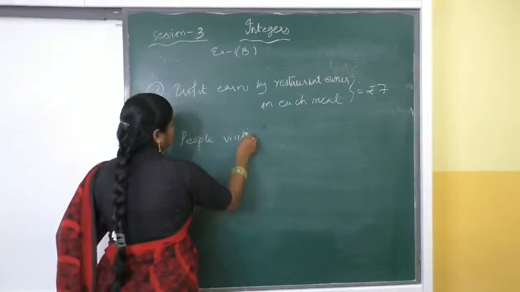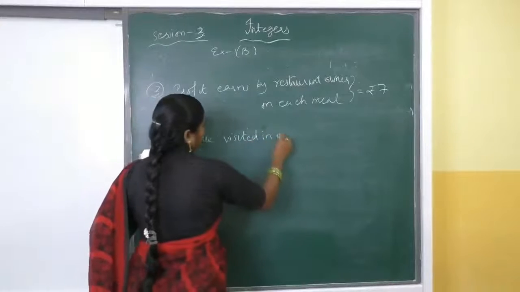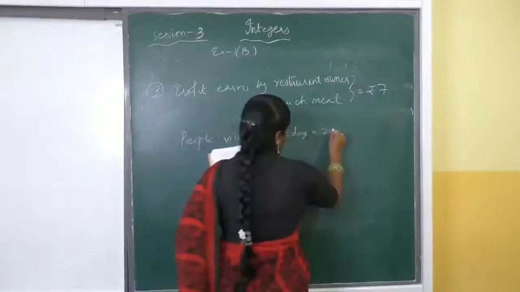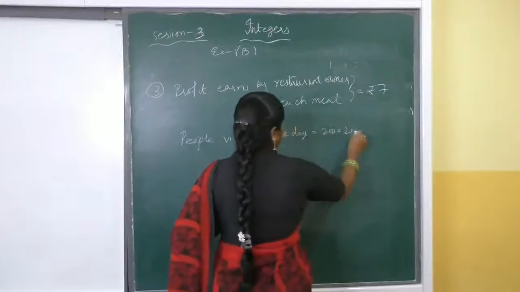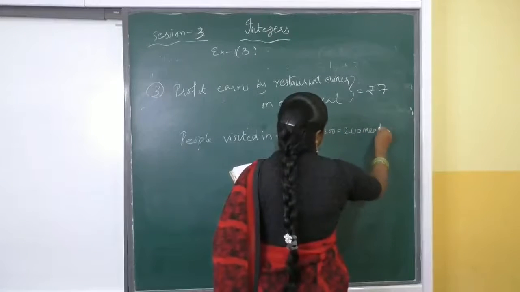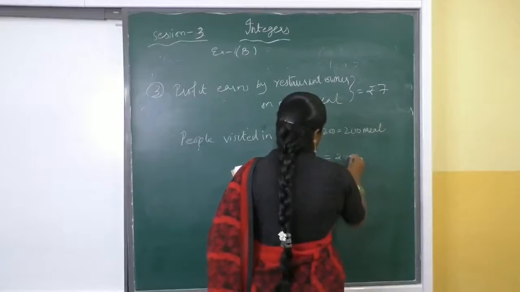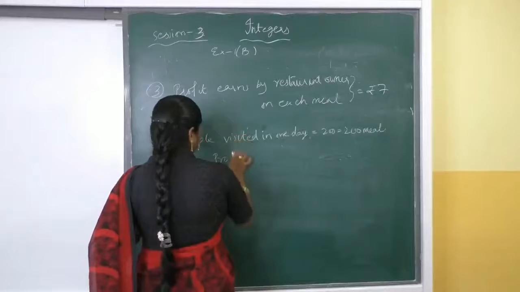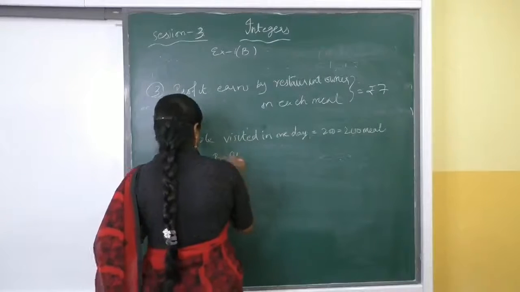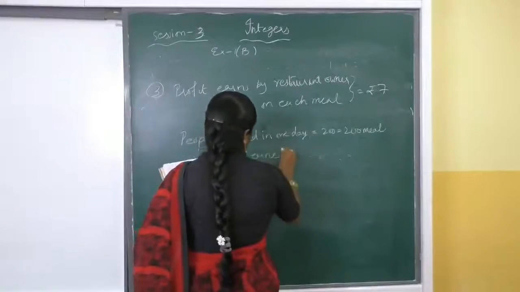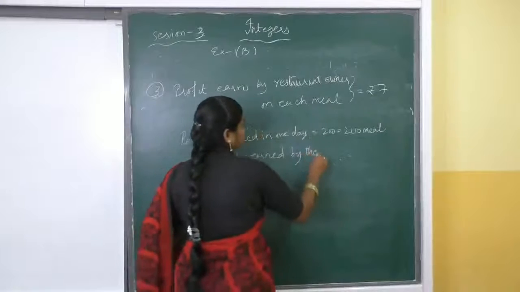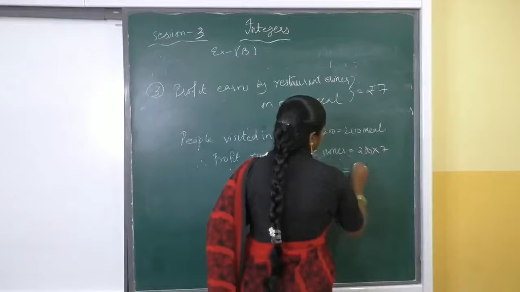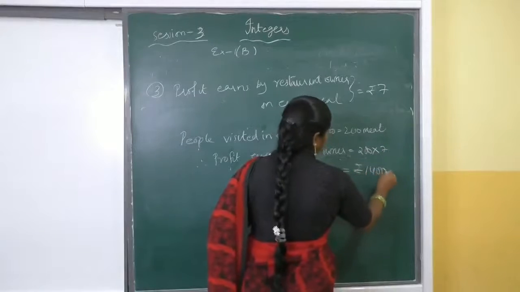People visited in one day is equal to 200 meals. Profit earned by the owner is equal to 200 into 7, which is equal to rupees 1400.